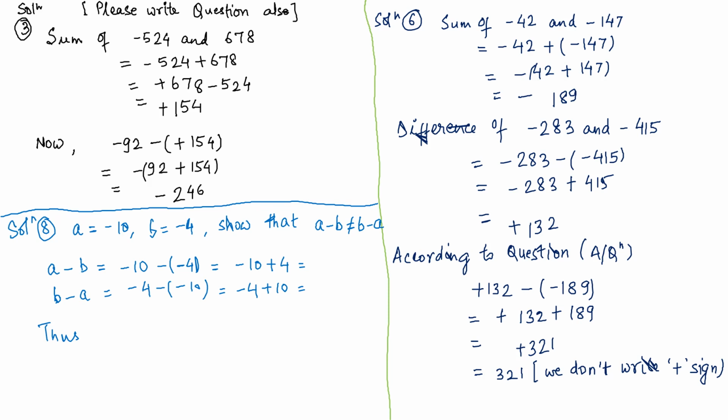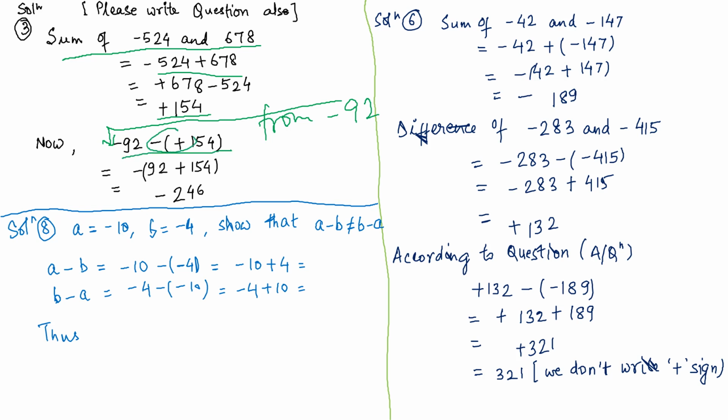For question number 3, it was the sum of minus 524 and 678. So you will add both of them, and you will get the answer as plus 154. And this sum is subtracted from minus 92. When it is subtracted from minus 92, this number comes first. So minus 92 minus in the bracket plus 154.